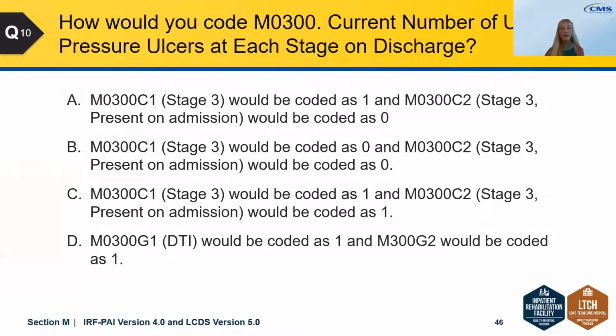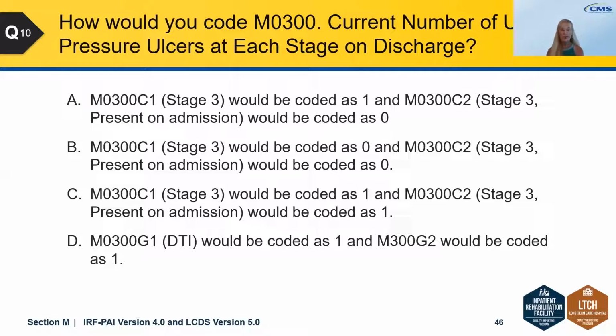Now, for this scenario, let's code MO300. And this time we're at discharge. Based on the information provided, how should MO300 be coded on the discharge assessment? A, MO300C1, stage 3, would be coded as a 1, and MO300C2, stage 3, present on admission, is coded as 0. Or B, MO300C1, stage 3, is coded as a 0, and MO300C2, stage 3, present on admission, is coded as 0.